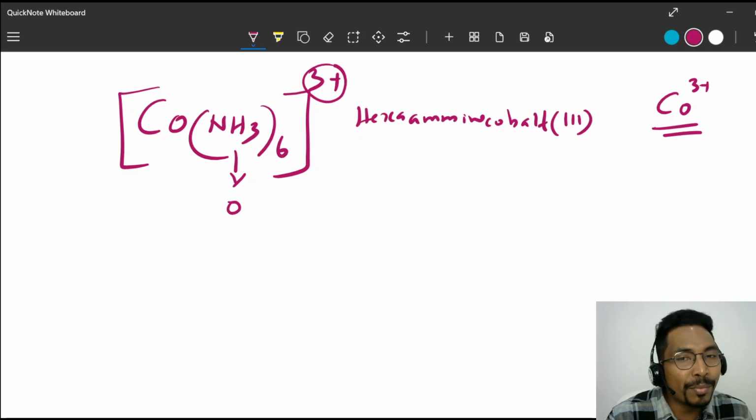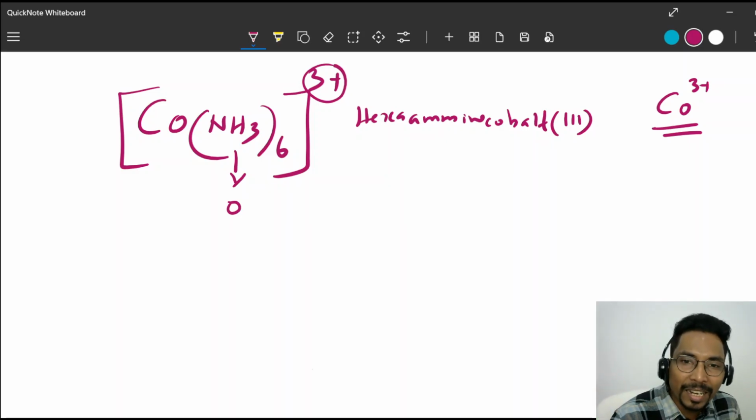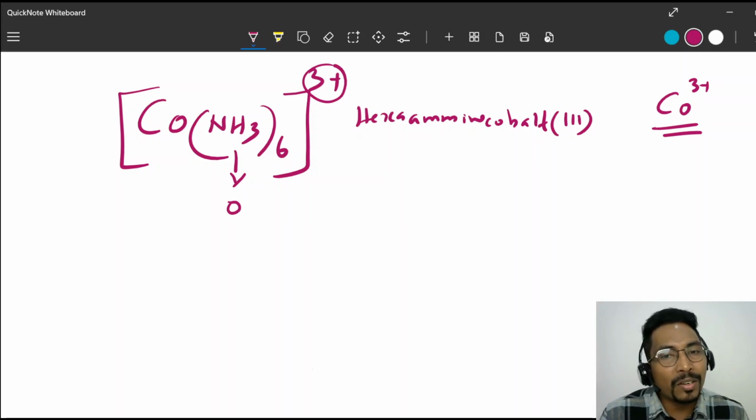I hope you remember the elements from 21 to 30: scandium, titanium, vanadium, chromium, manganese, iron, cobalt, nickel, copper, zinc. These are very important because in most coordination complexes, these metals come as the central metal atom. Clear?